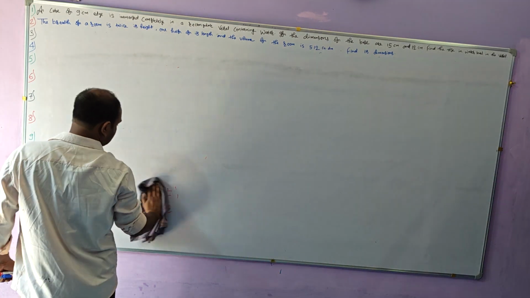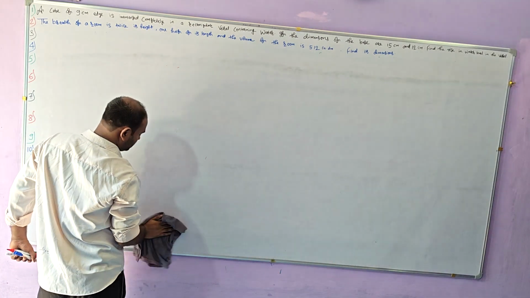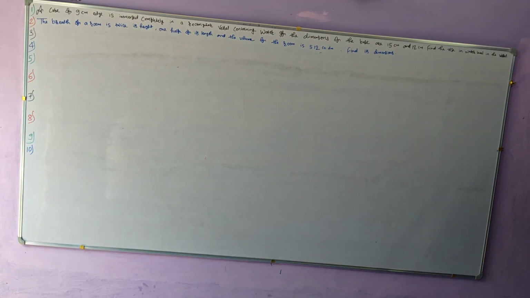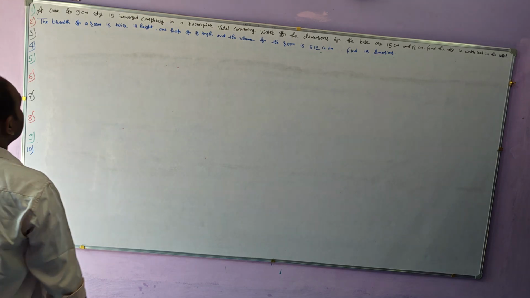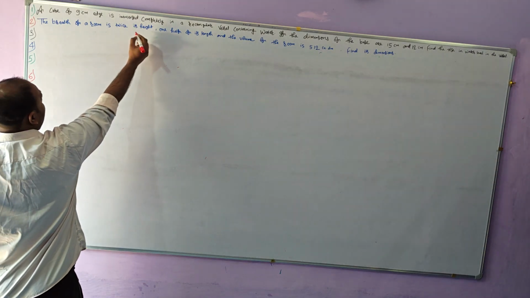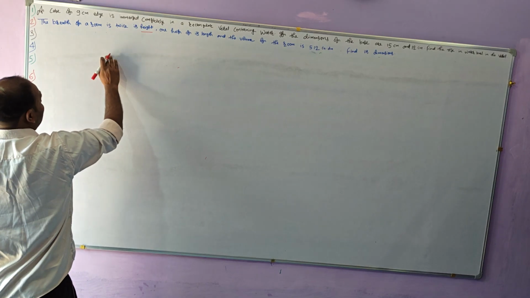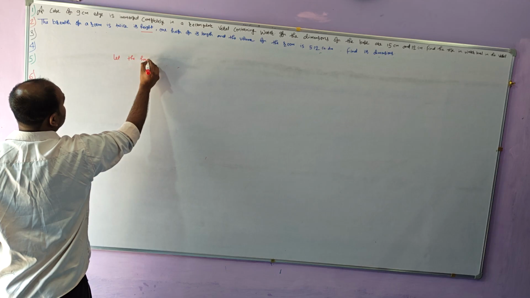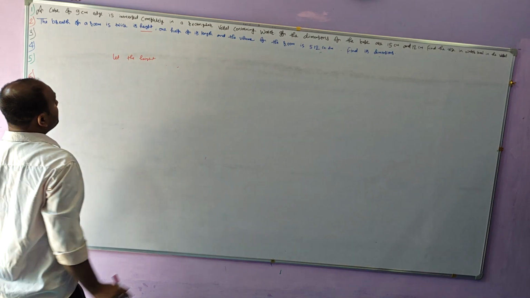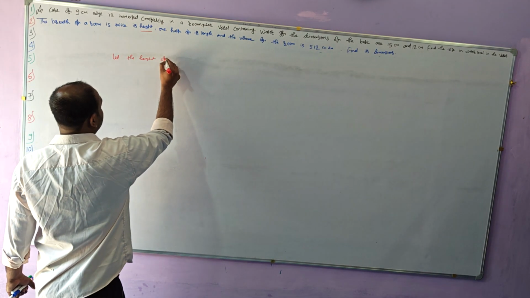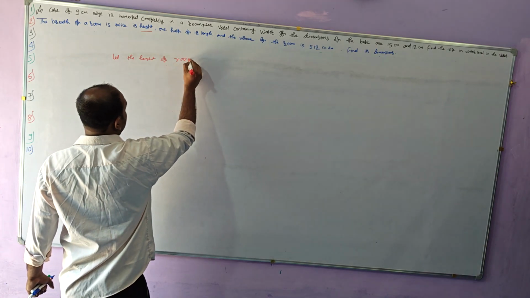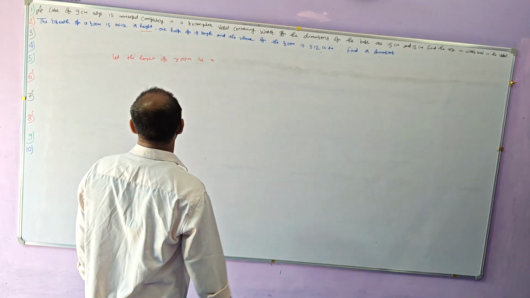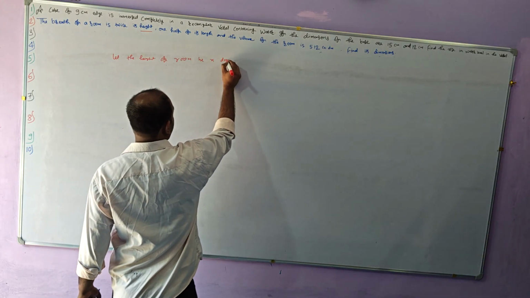So the breadth of a room is twice its height. So let the height of a room be x decameter.